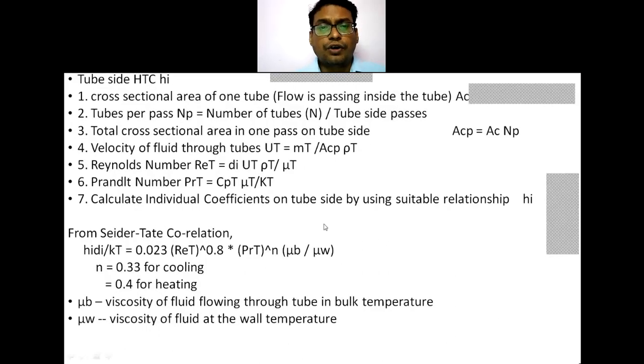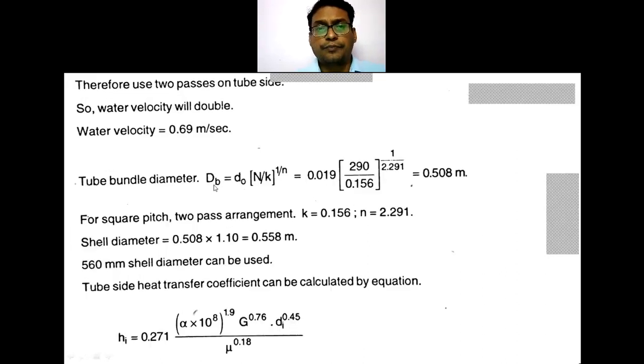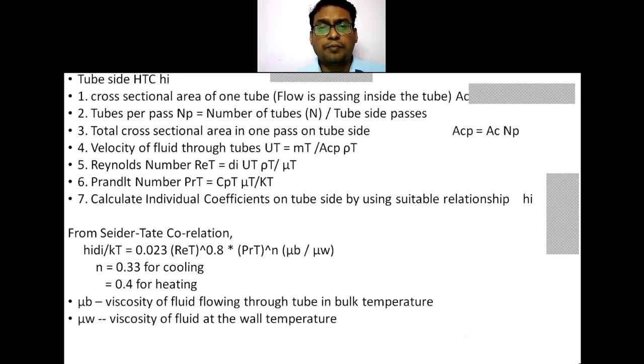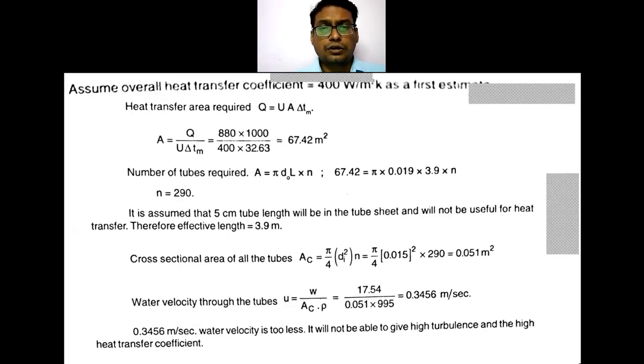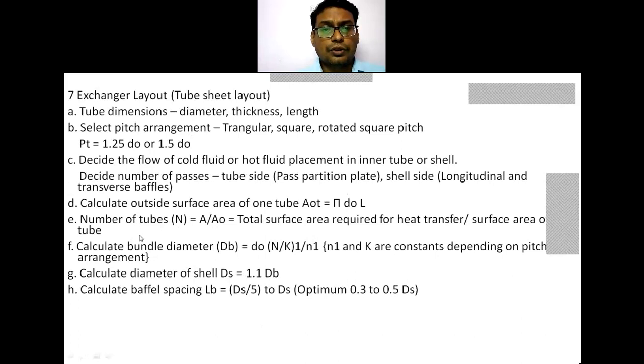Then after that we have to calculate the velocity of the fluid, then Reynolds number, Prandtl number, and before that, calculate the bundle diameter, the shell diameter, and the baffle spacing.